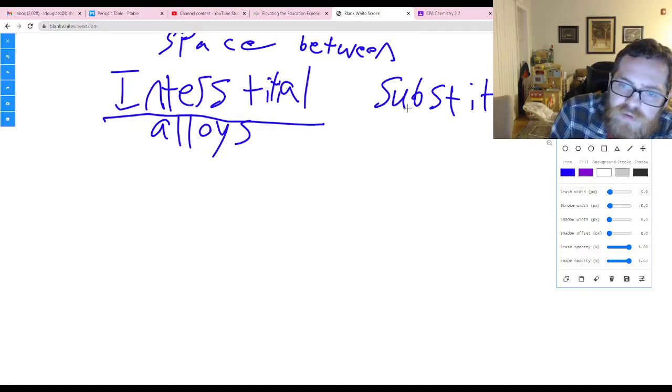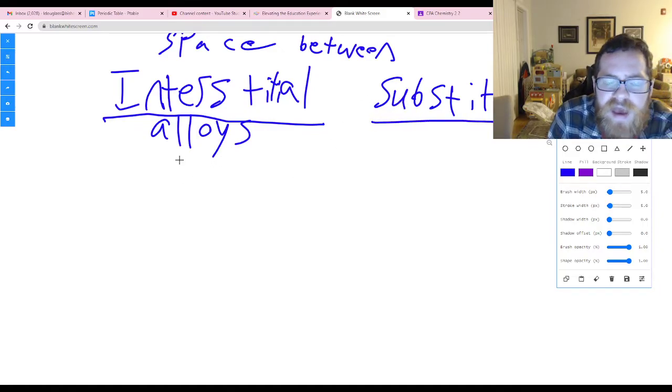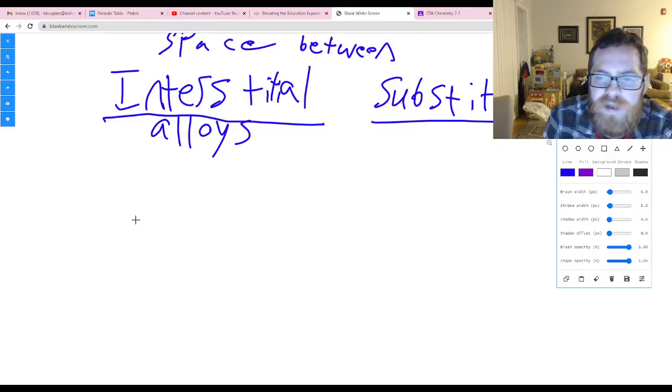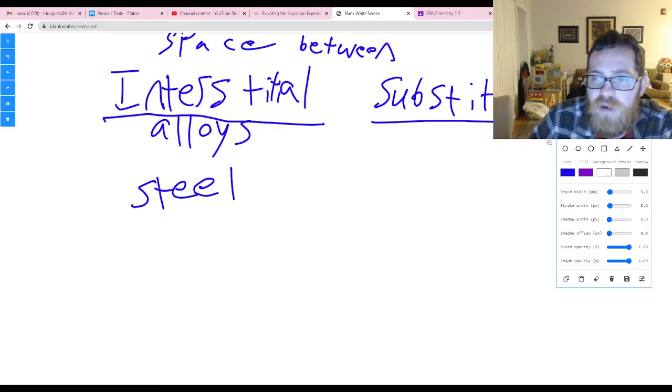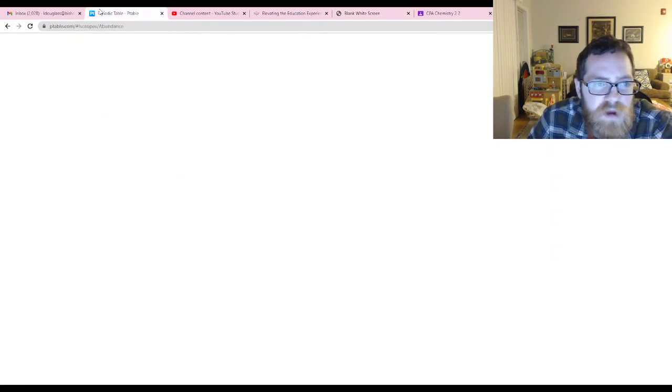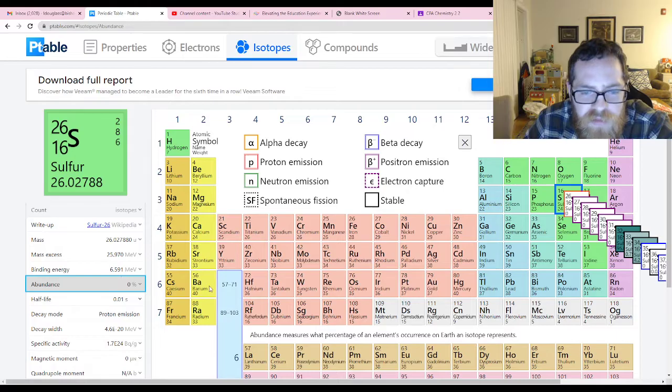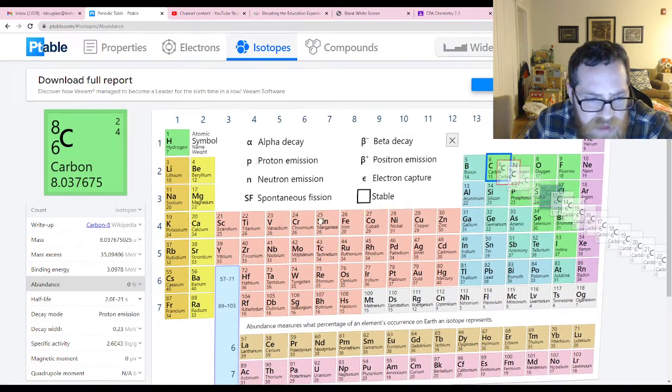So, interstitial alloys form alloys in the spaces in between atoms. One of the most common examples of this is steel. Let's take a look at our periodic table for a second and compare the sizes of carbon and iron.